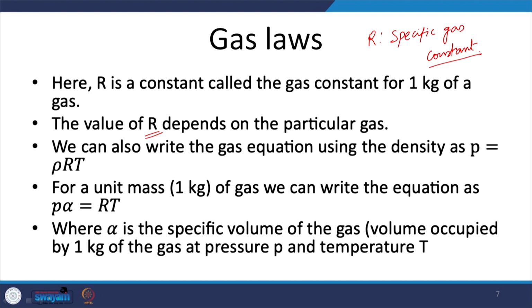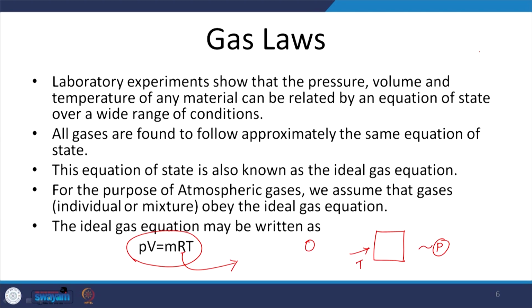The value of R is different for each type of gas. Simply speaking, it follows naturally in the sense that the pressure and volume at a particular temperature should invariably depend on the type of gas. What is the gas? What is the size of atom? What is the size of molecule? How they interact? And so many other things, right.